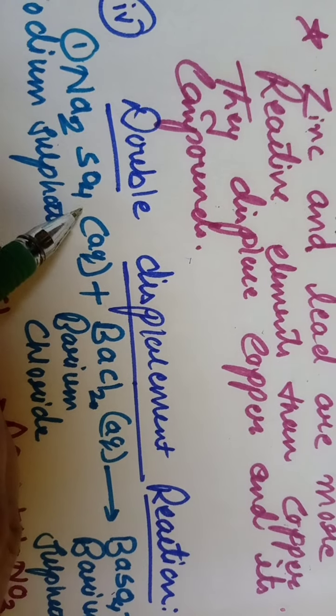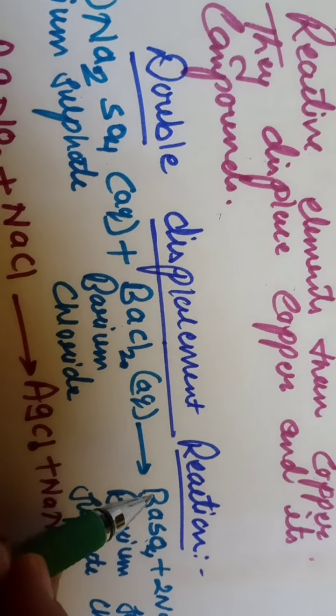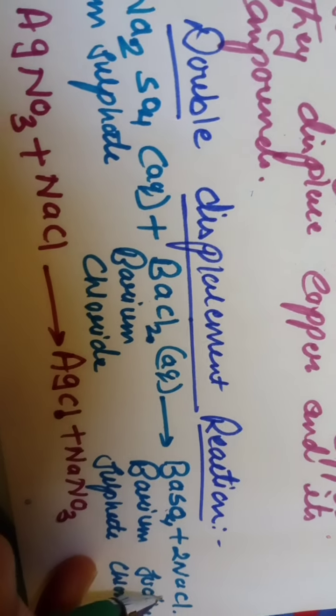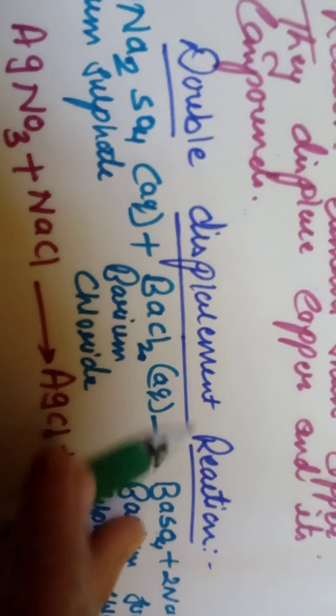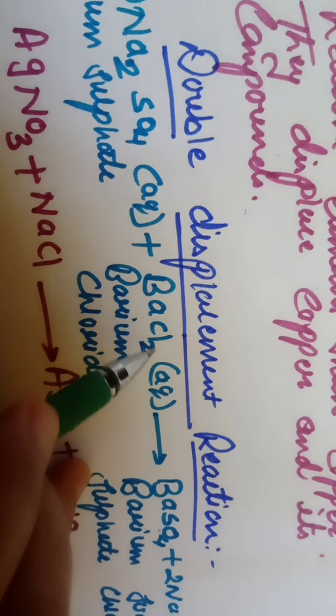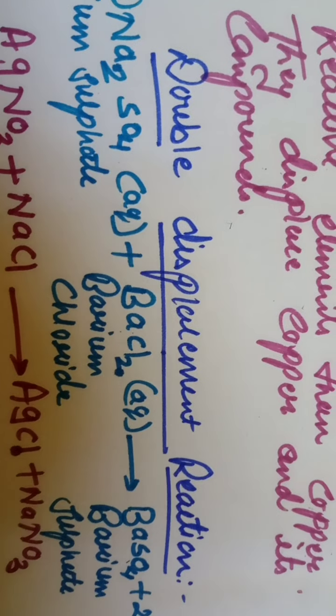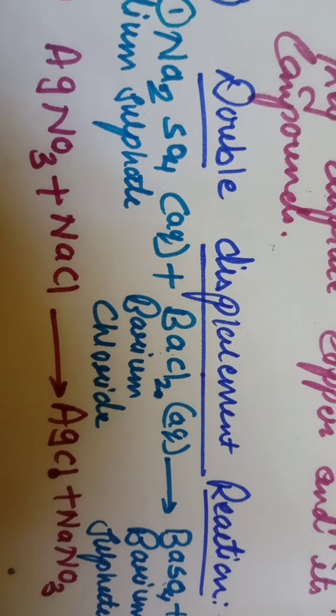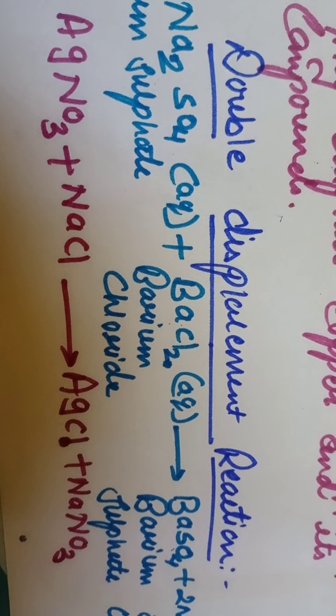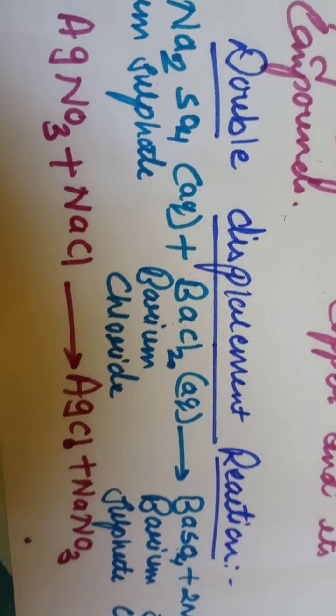Sodium sulfate reacts with barium chloride, gives barium sulfate and sodium chloride. So here the ions are exchanged. Next example is silver nitrate reacts with NaCl to give AgCl and sodium nitrate.